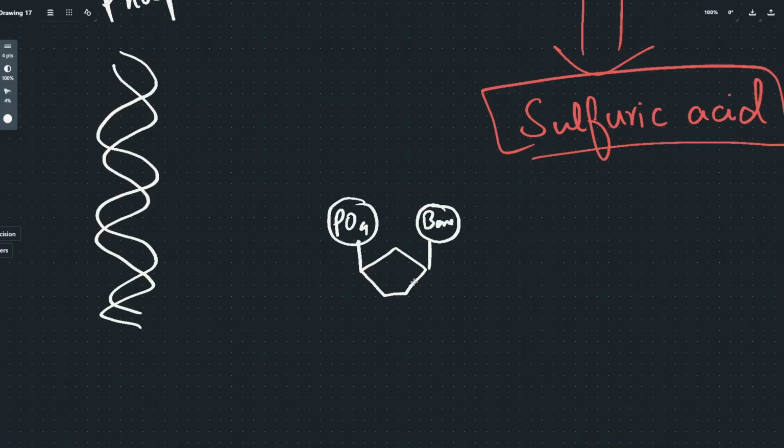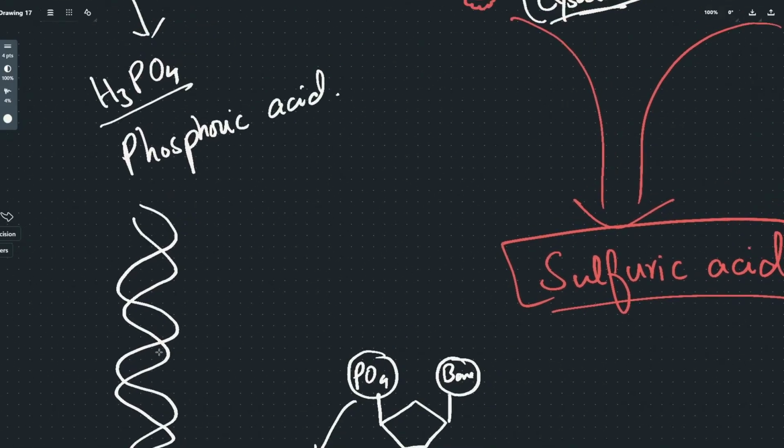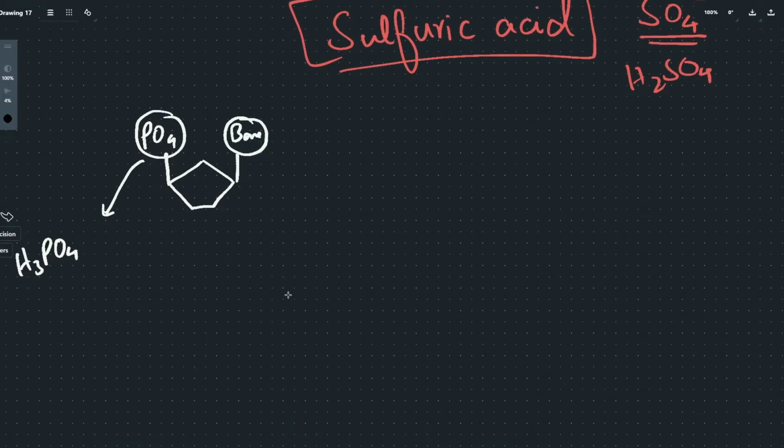Now usually at physiological range it is in the form of PO4 negative, but these nucleotides on breakdown can also produce H3PO4. So we have discussed phosphoric acid as well. So many different types of acids are being produced directly through metabolism within our body. Along with that, some drugs or some toxins can also produce acids in our body.